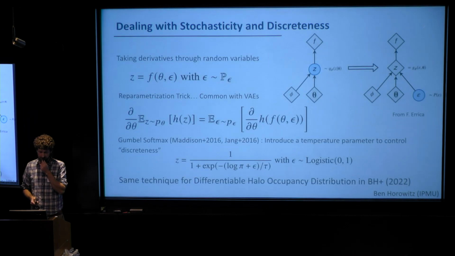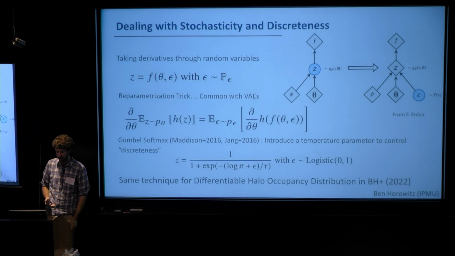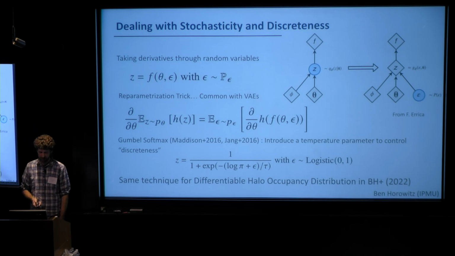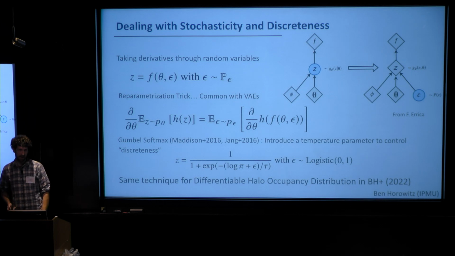There are some tricks that I don't think I have time to go into, but basically you treat the stochasticity as an input to your model rather than output, and then map this to discrete quantities. I applied this to halo occupation distributions to populate galaxies into dark matter halos, so discrete galaxies. People can ask me about that later.